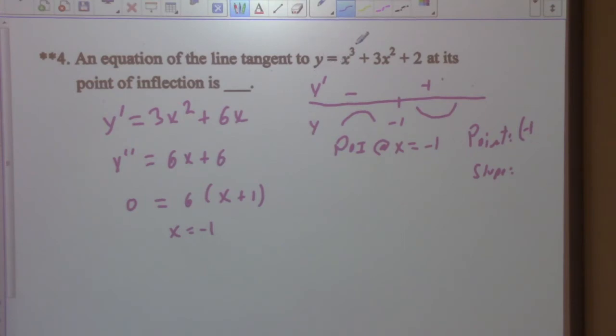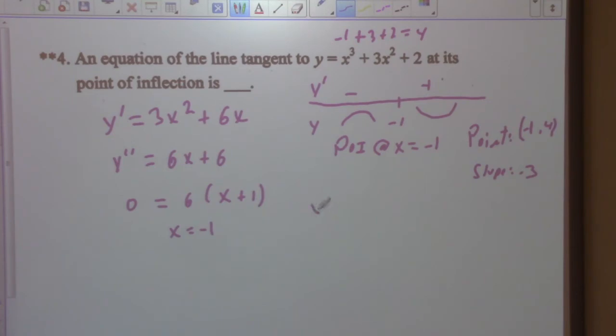If we plug in negative 1, we're going to get negative 1 plus 3 plus 2, which is 4. And what else do we have to do to find our slope? You gotta plug negative 1 into the first derivative. So we're going to get 3 minus 6, which equals negative 3.